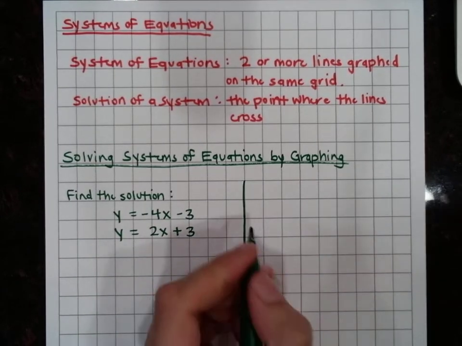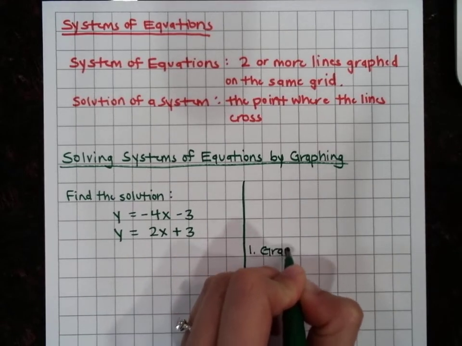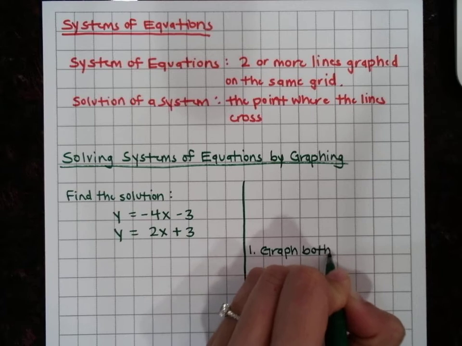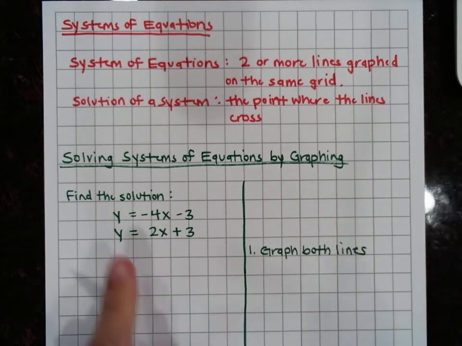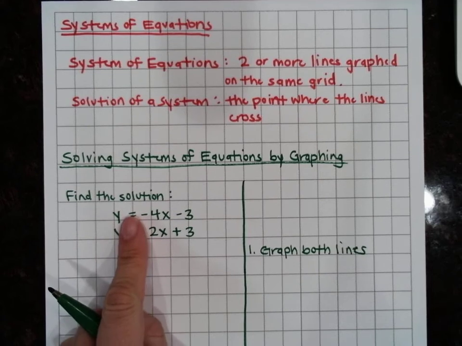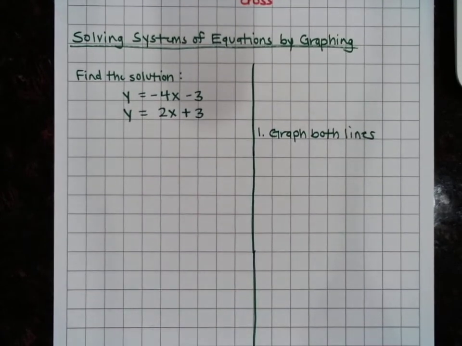So the first thing you're going to do is you're going to graph both lines. So remember, we're trying to find the solution. So we're trying to find the point where the lines cross. So in order to do that, we need to graph.